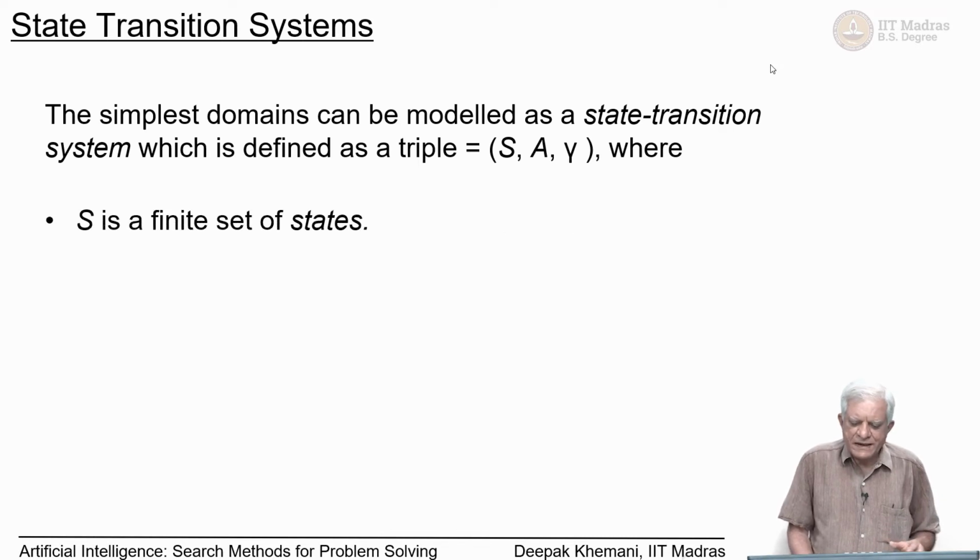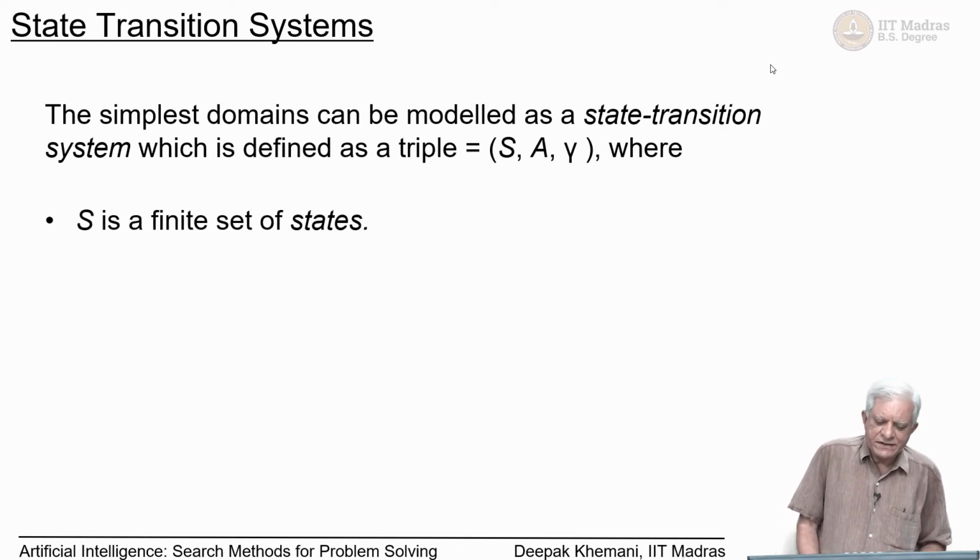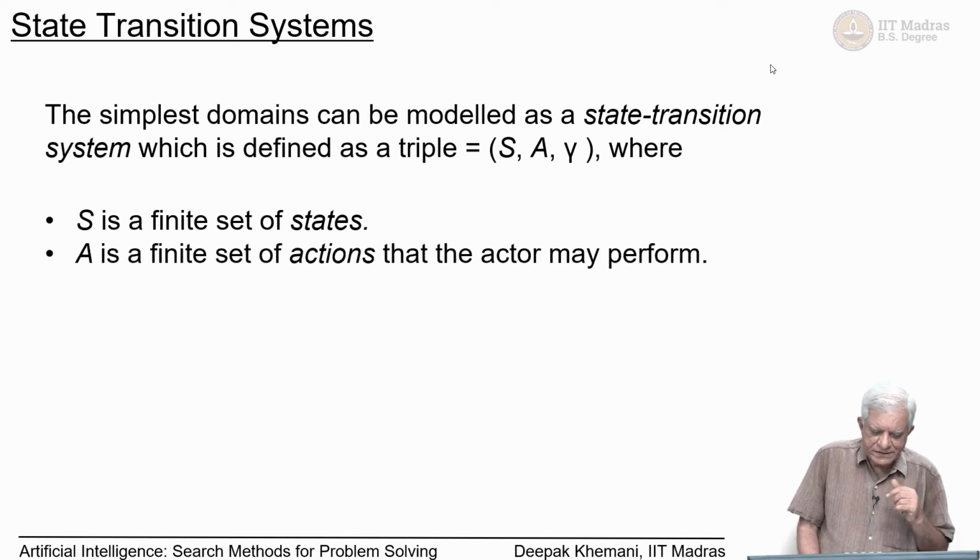So, such planning systems can be modeled as state transition systems essentially. And we have been looking at state transition systems in a way when we looked at state space search. So, the simplest domains can be modeled as a state transition system, which is defined as a triple which contains a set of states, a set of actions, and a function which will map states to actions.